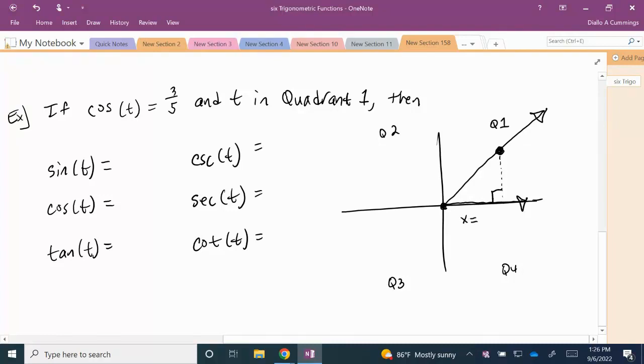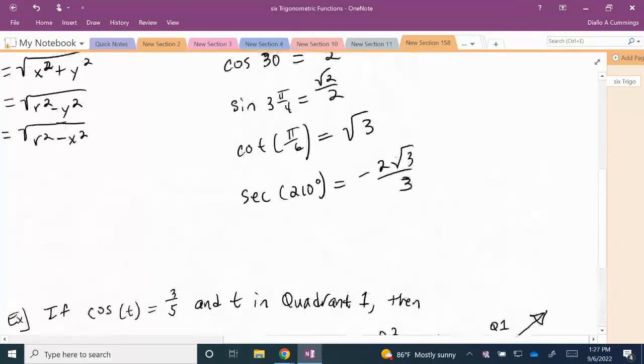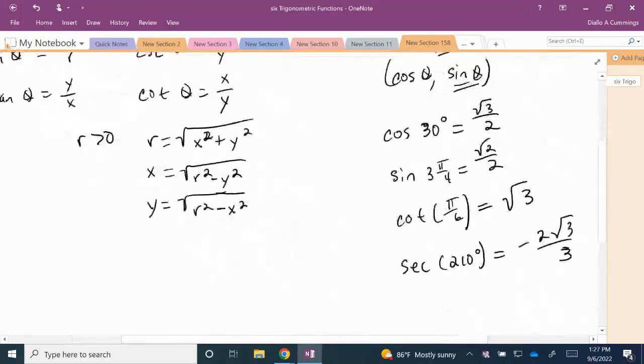So here we have an x, we have a y, and we have an r. Keep in mind that r is always positive. So this is what we're given. We're given that the cosine of t is 3/5. If we go back to our formulas, the cosine is equal to x over r. So we're going to substitute 3 for x and 5 for r.